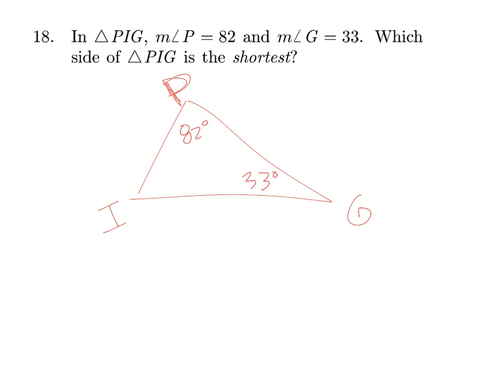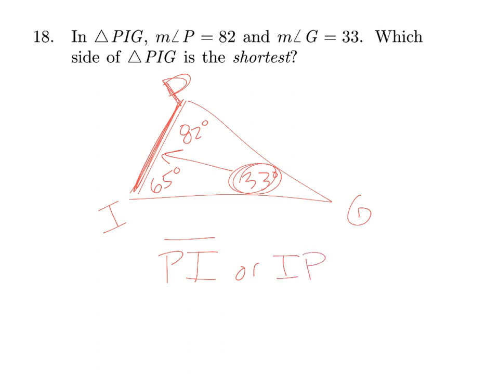Okay, so I subtract 82 and 33 from 180, and I get 65 degrees. And which angle is the smallest? 33. So across from that would be the shortest side. So PI or IP. All right, on to the next.